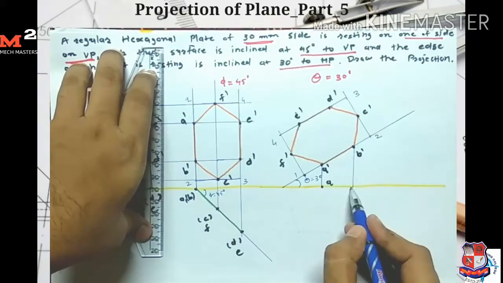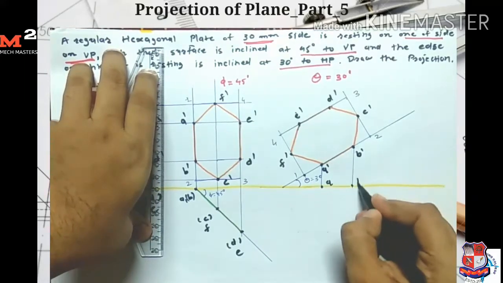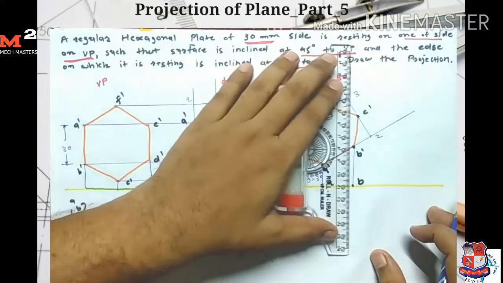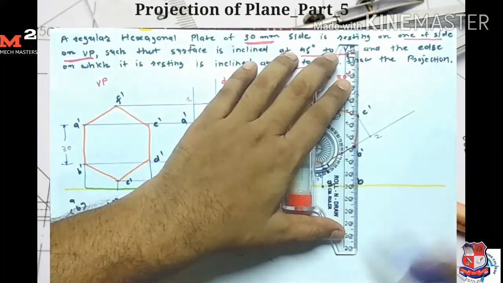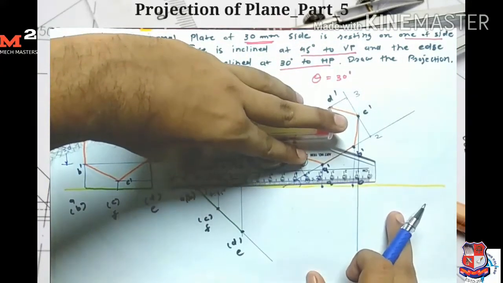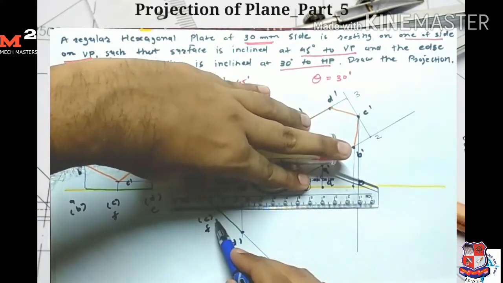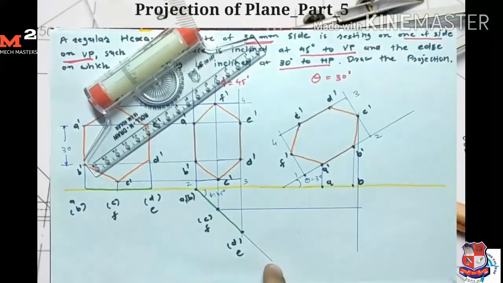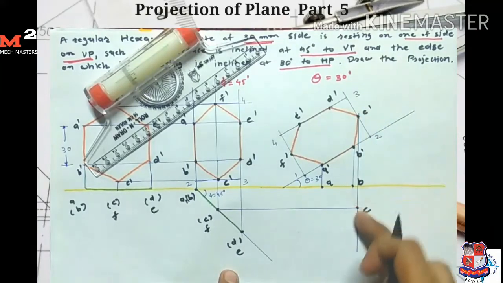So here I get my point B. Now for point C, I take the projection from here and from here. So here I get my point C, C dash and C point.